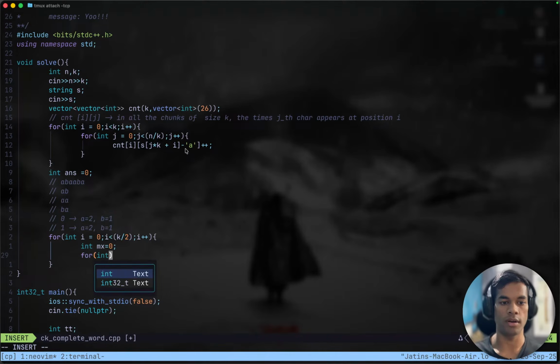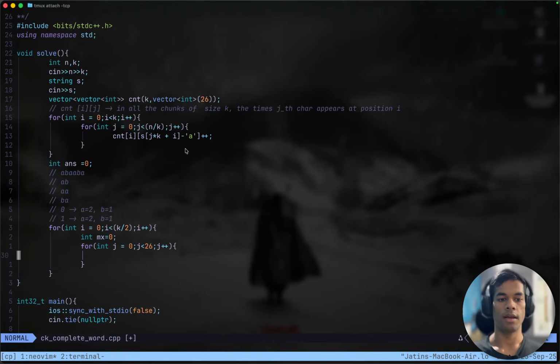For that, we have to iterate through all the characters starting from 0. J will be smaller than 26, j plus plus. Now, at the current location and also the opposite location, how many times do I see the jth character?